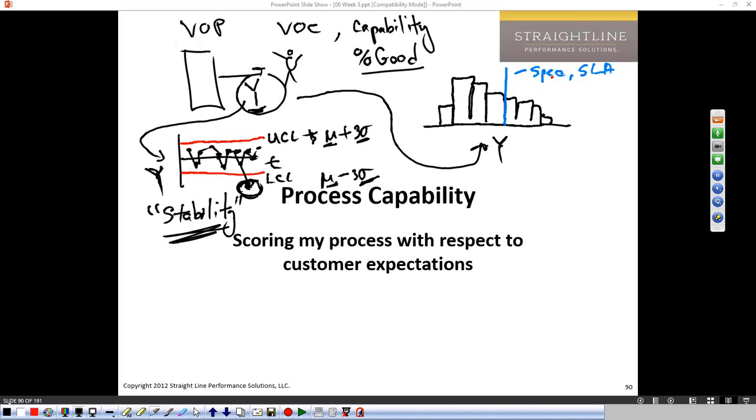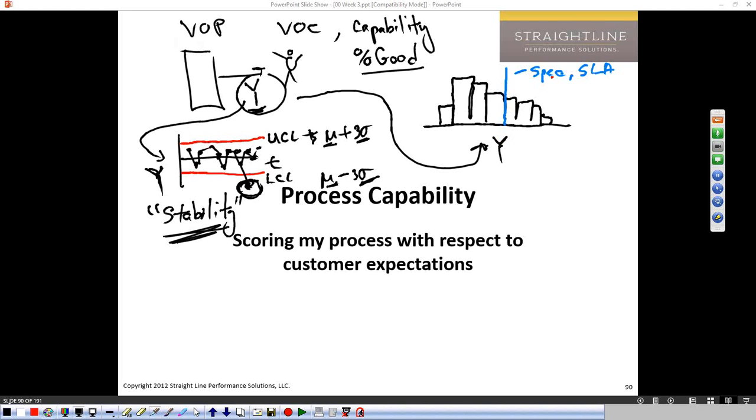So, for example, if we were looking at turnaround time for an invoice, Gina, what might that be, our spec? It could be anything, right? You can just throw out a number. We want our customers to turn around our invoices in 2 days. Yeah, there you go.